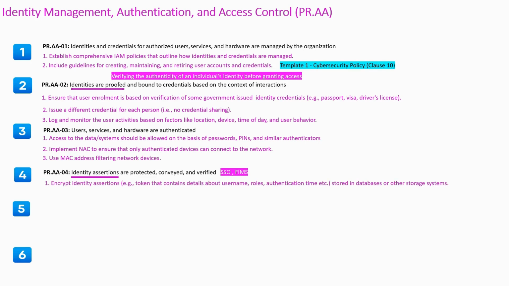So to implement this, ask your IT team to encrypt the identity assertions that may be stored in your database or other systems. Follow industry best practices for generation, protection, and verification of identity assertions.